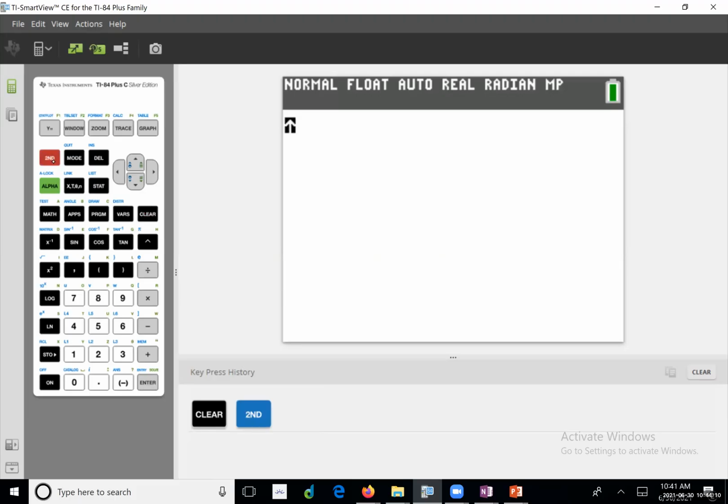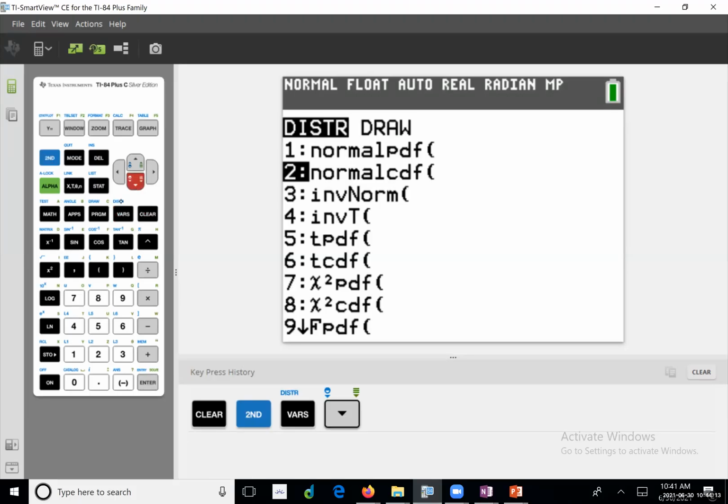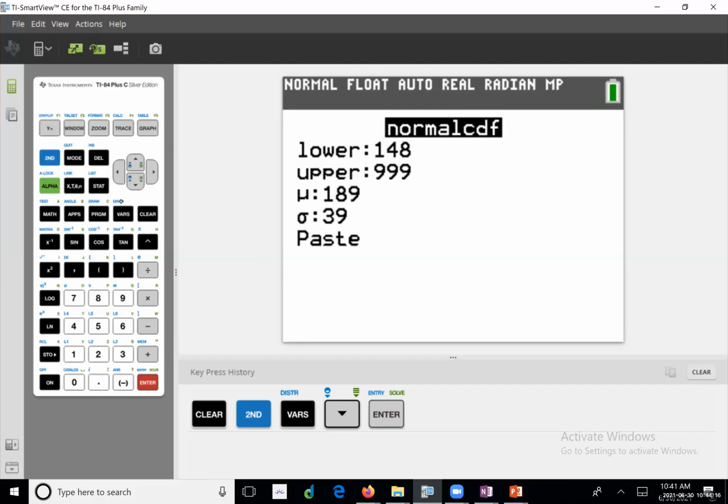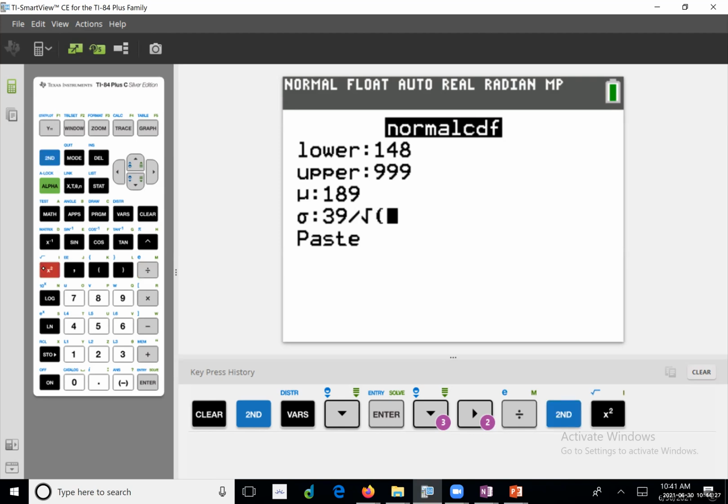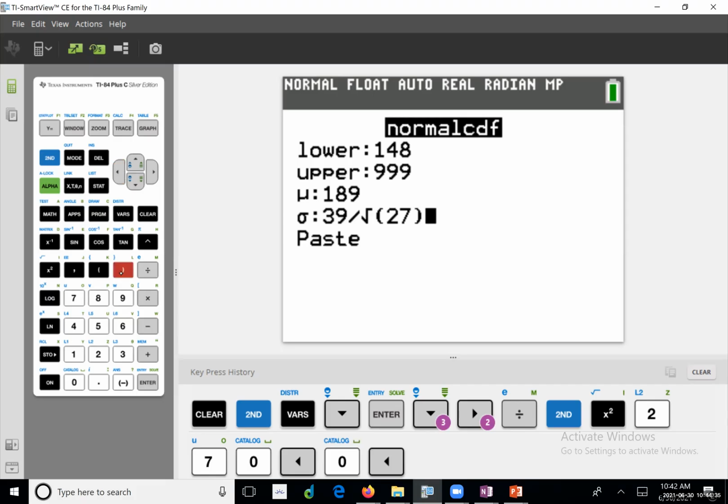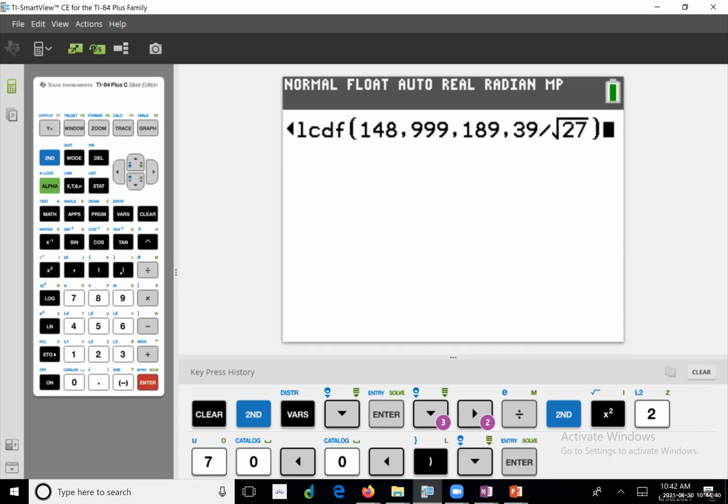So you would say normal CDF 148, comma 999, comma 189. And now instead of 39, you would say 39 over square root of 27. Close the parentheses. Or if your calculator is one of the ones that you need to type, 148, comma 999, comma 189, comma 39 over 27.